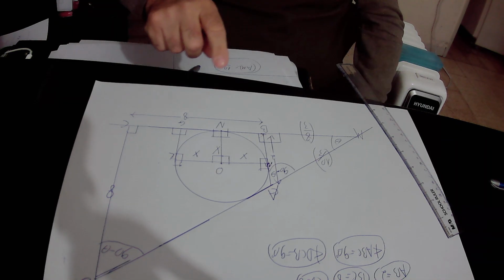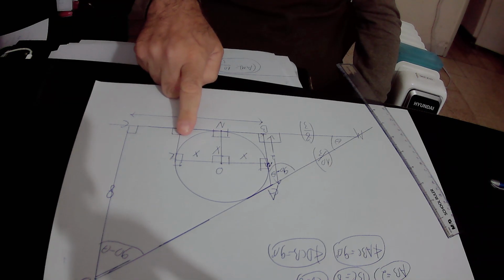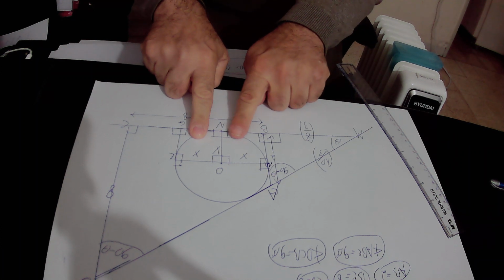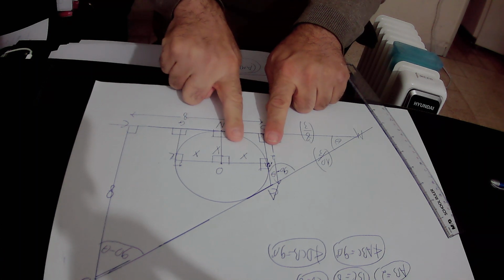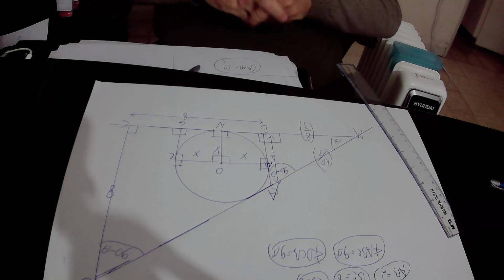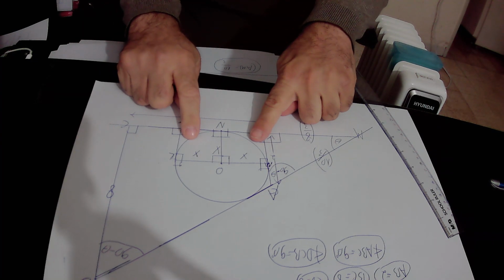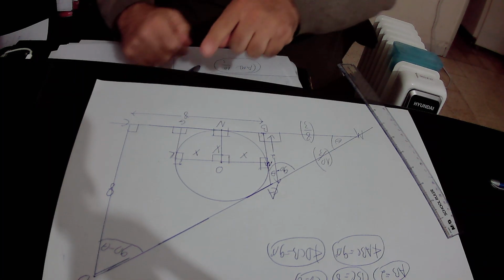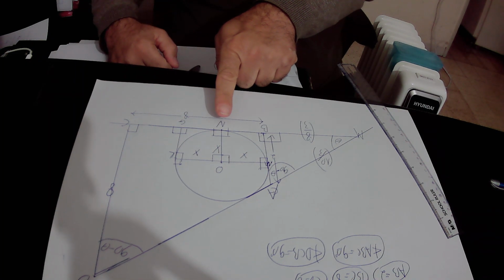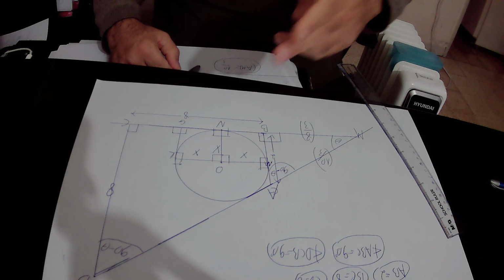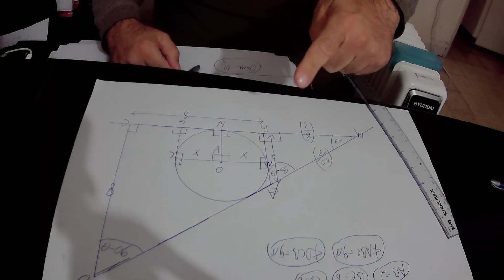So OL is the radius of the circle that is equal to X. OM is also the radius of the circle that is equal to X. The two radii touch each other at point O. LO is absolutely a straight line, because it is the radius of the circle.